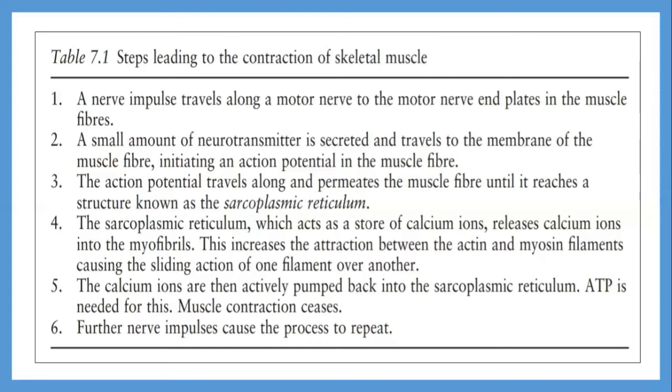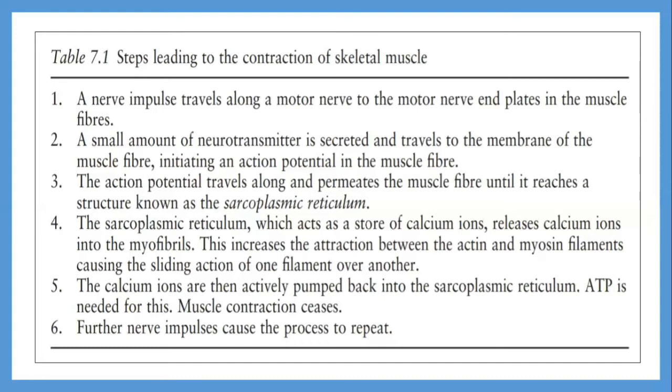And fifth step, the calcium ions are then actively pumped back into the sarcoplasmic reticulum. ATP is needed for this, and muscle contraction ceases. And finally, the last step: further nerve impulses cause the process to repeat.